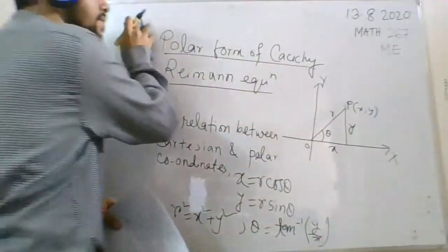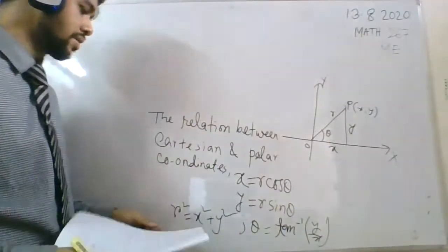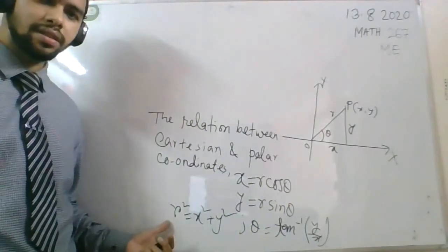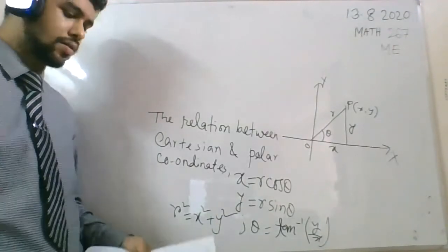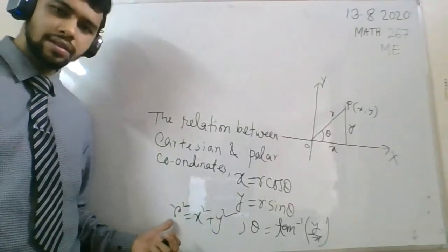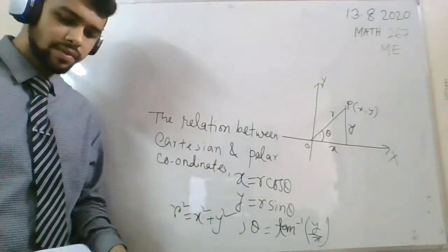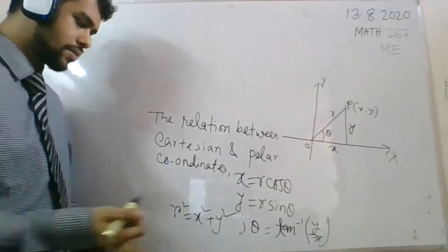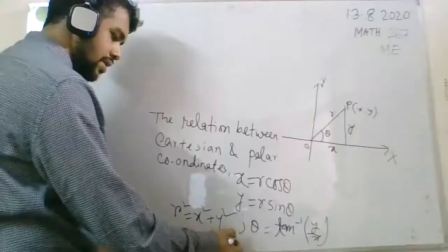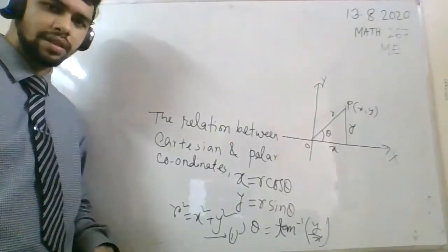Now, our first step is to differentiate r square partially with respect to x and y. If I differentiate r square with respect to x, what will be our result? 2x.